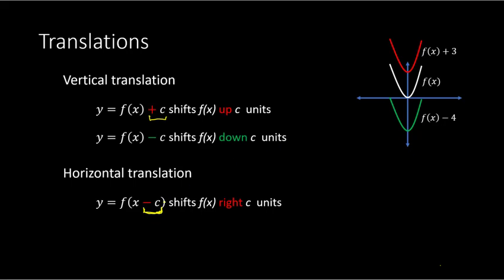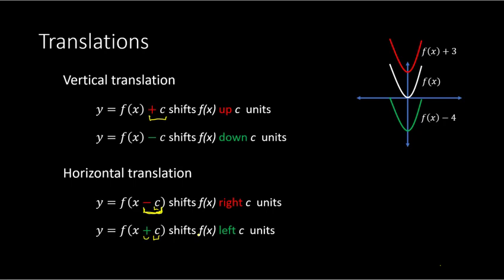So this would move it to the right c number of units. If it was x minus 4 in parentheses, it would shift it to the right 4 spaces. And if you had f of x plus c in parentheses, the plus actually moves it in the negative direction horizontally. So it would move it to the left that number of spaces.